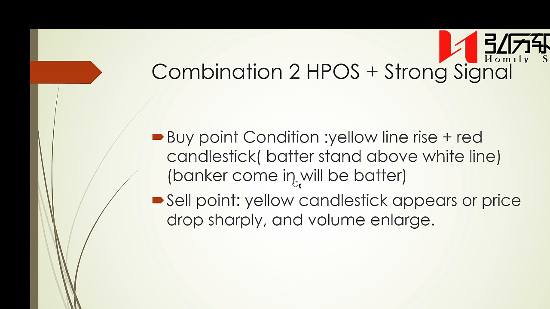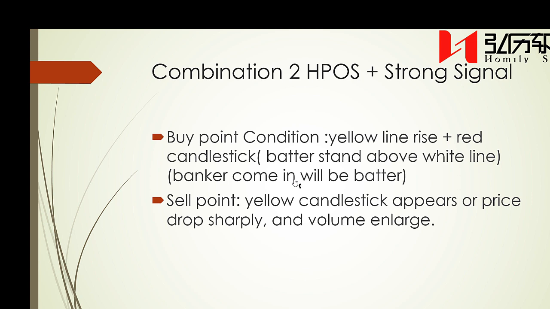The red candle is better standing above the white line, and if we check with banker MCD, banker coming in will be better. If we find the buy point in the downtrend and there is no banker, it mostly will be a rebound only. If we find that there is a banker, mostly it will rise.